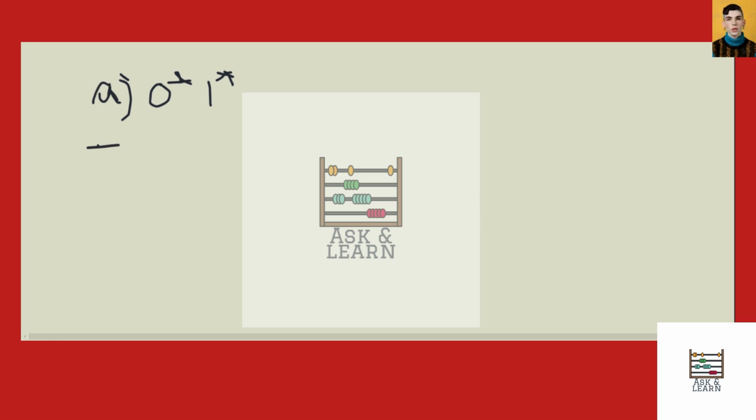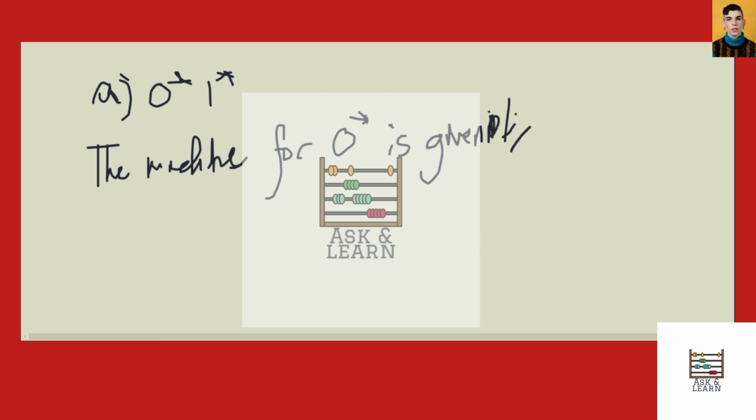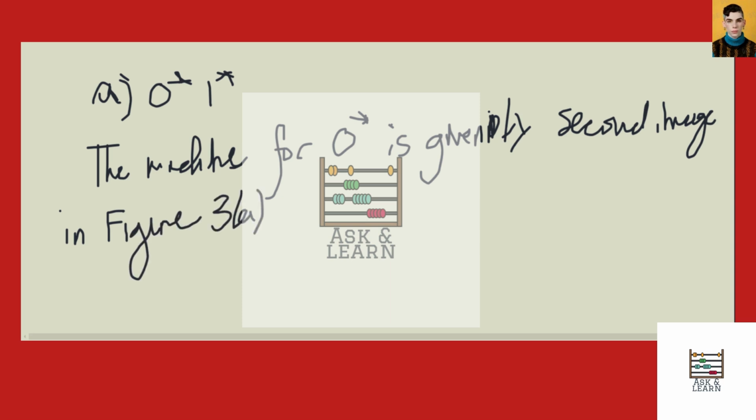We have that the machine, which is a non-deterministic finite state automata, for 0 star is given by, if you look at the book, the second image in figure 3a, except instead of a 1, we'll make it a 0.